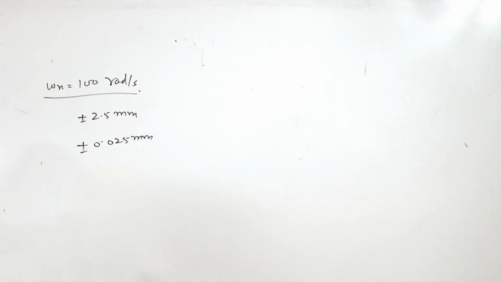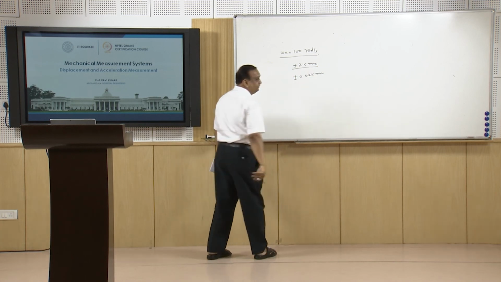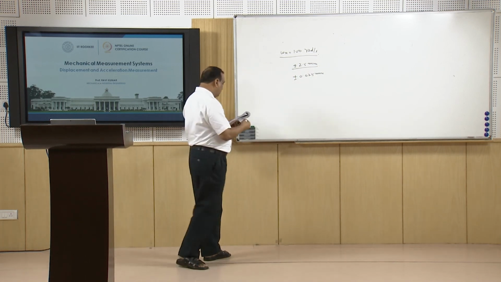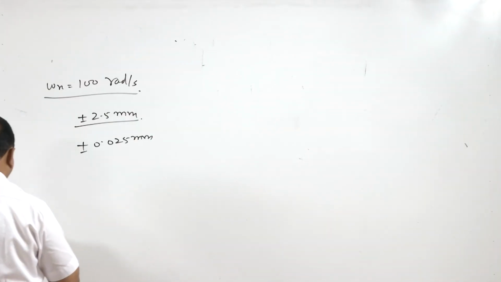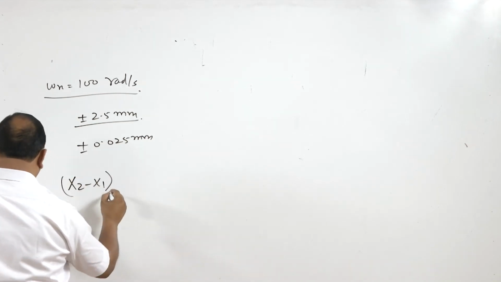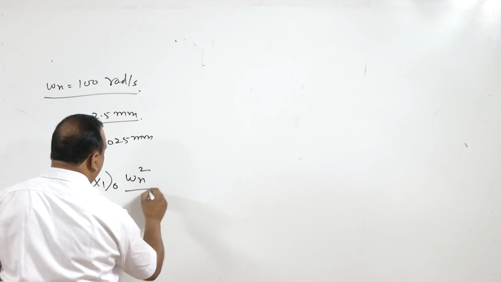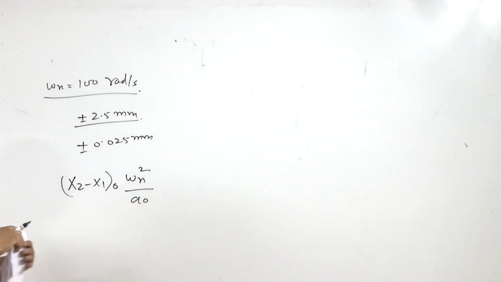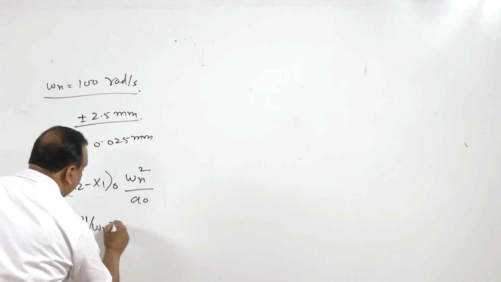Now, this is the maximum measurement which can be measured with the LVDT. Let us look back at the expression for the acceleration parameter, that is x2 minus x1 0 omega n square divided by A0. When A0 is maximum, omega 1 by omega n is tending to 0.